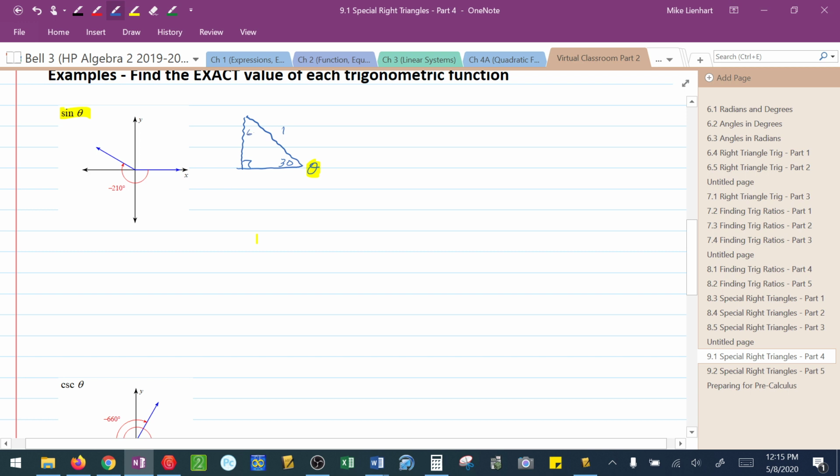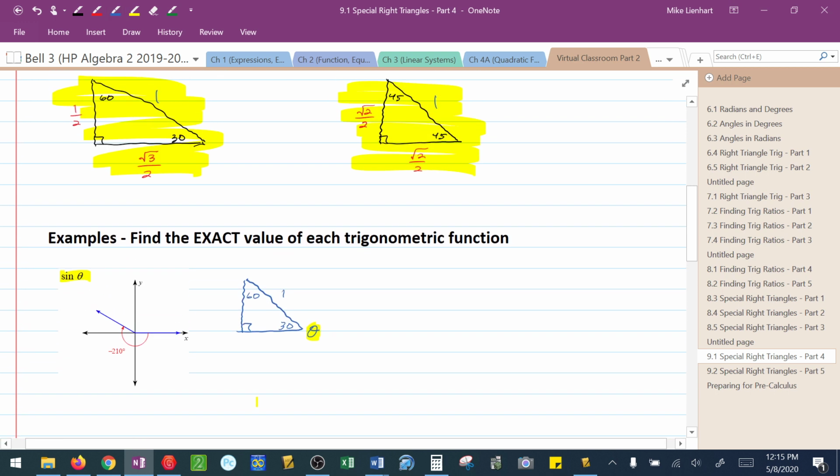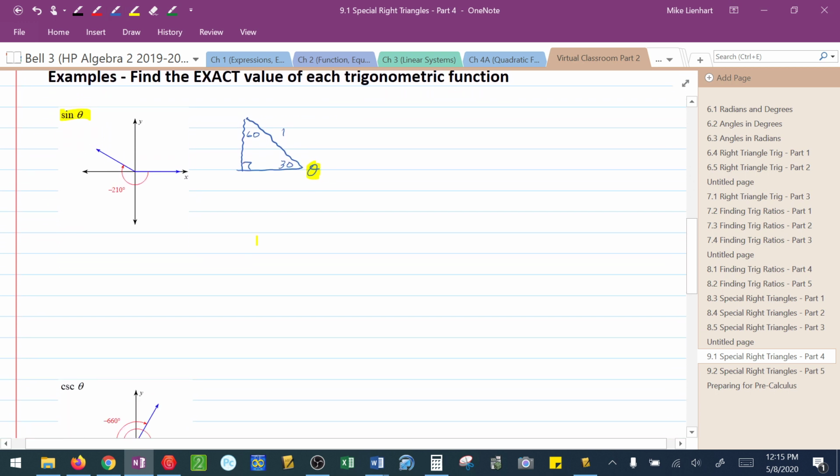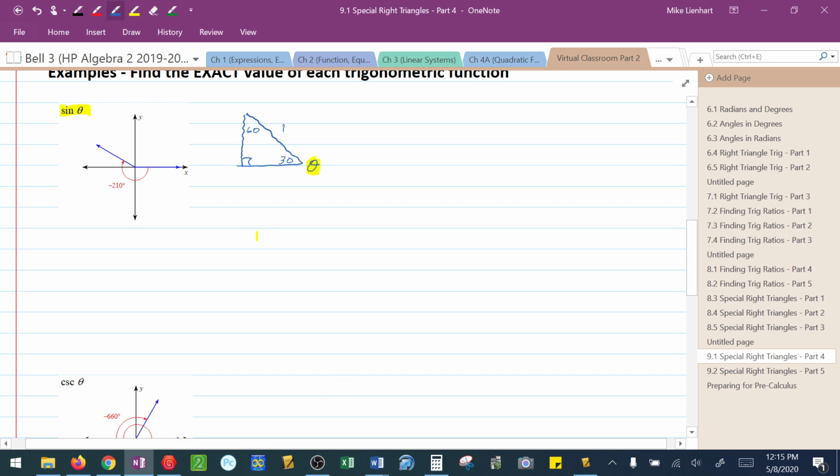And that gives us a 30, 60, 90 right triangle. When the hypotenuse is 1, I know that shorty is 1/2, and I know that 60 is the square root of 3 over 2. But I moved negative on the x-axis, so it'd be negative square root of 3 over 2.